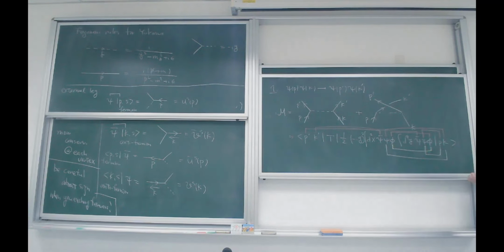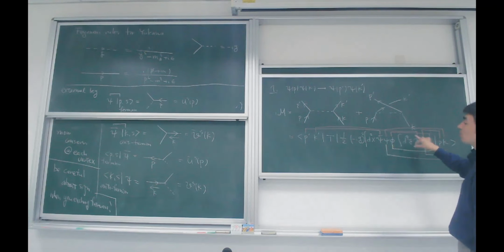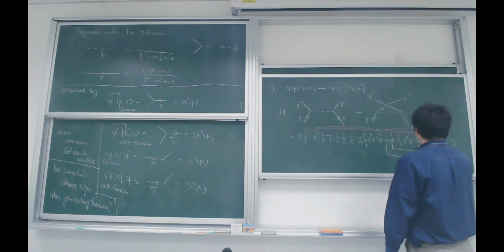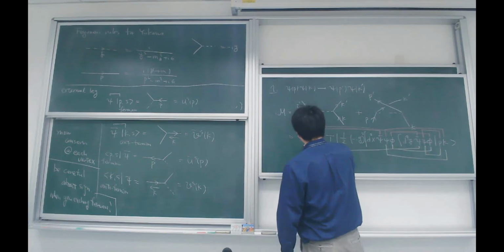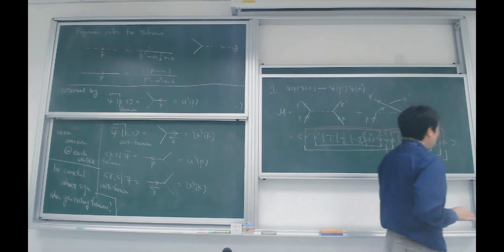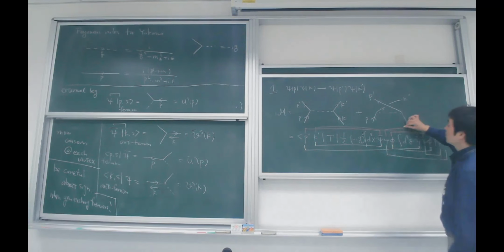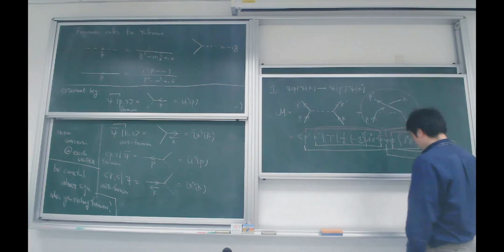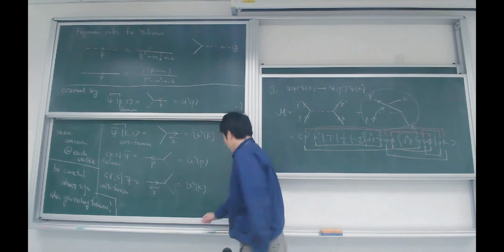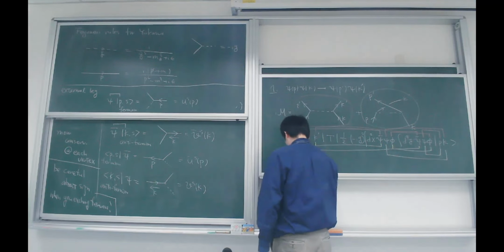But when you do the contraction, for the final state, we do the opposite contraction. So this guy is contracted with K prime, but here now we contract with P, right? That's the difference. So this is the yellow diagram, and this is the red diagram.